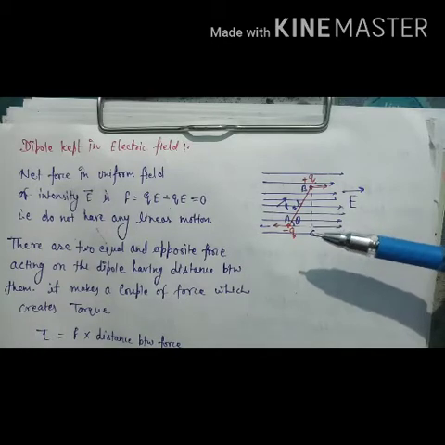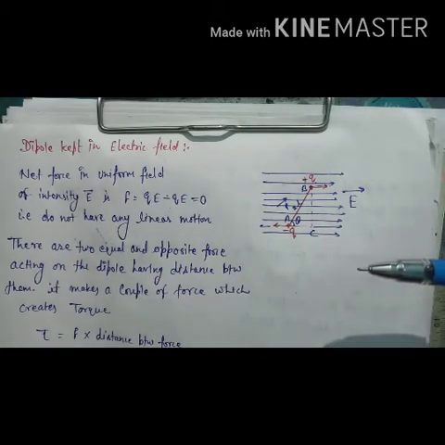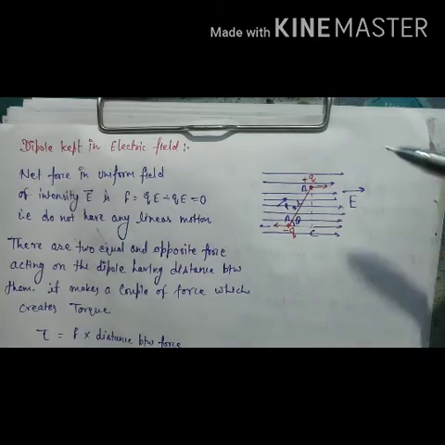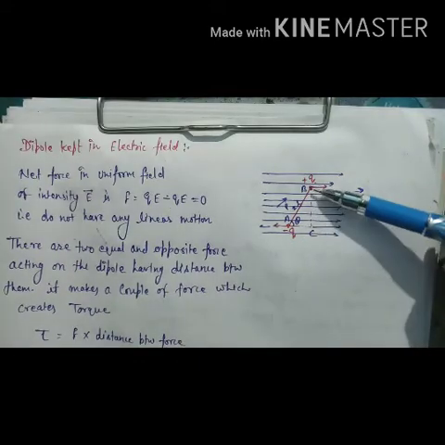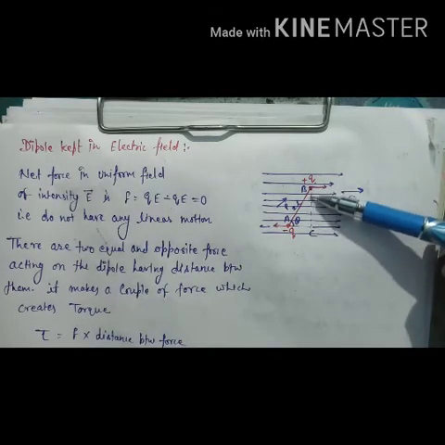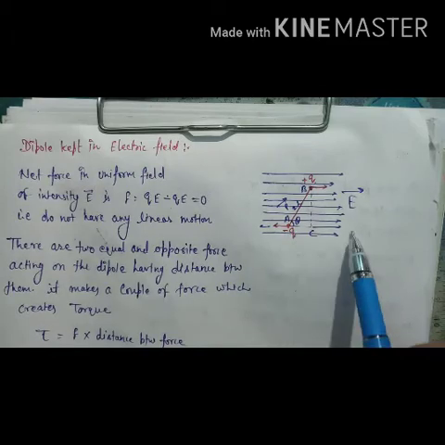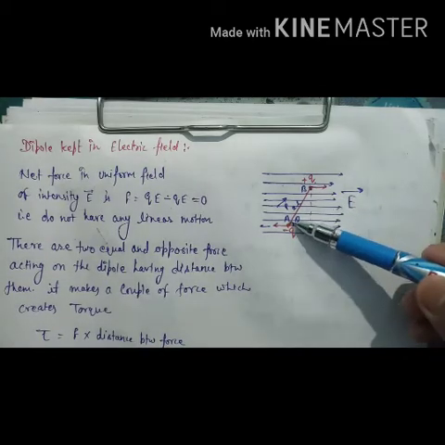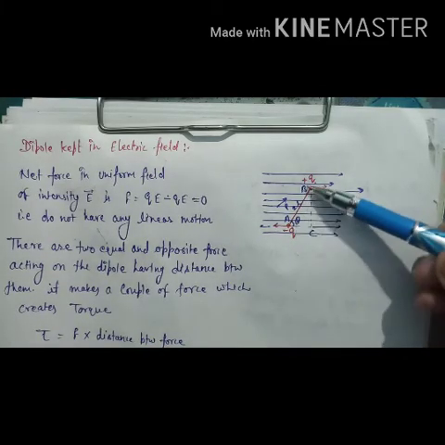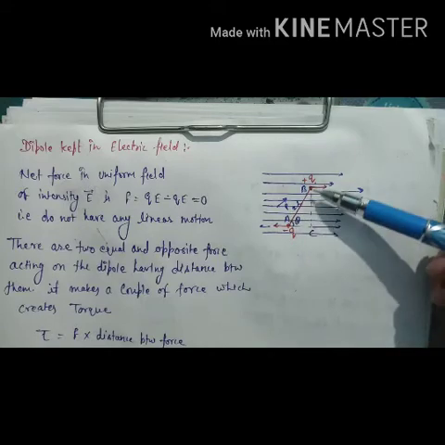So how can we find the net torque? Torque is equal to force into perpendicular distance. Here this is the perpendicular distance. The electric field is in this direction, and these two charges, this arrangement, is the dipole.